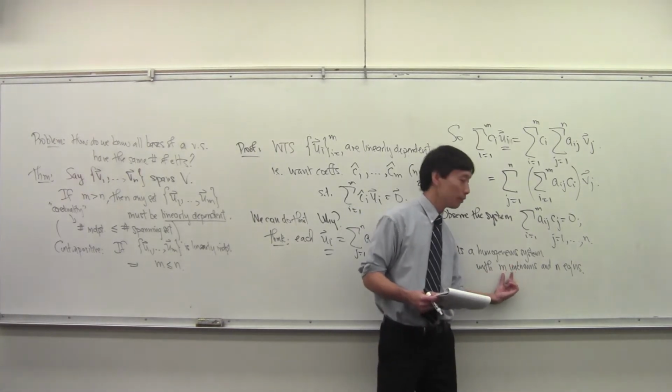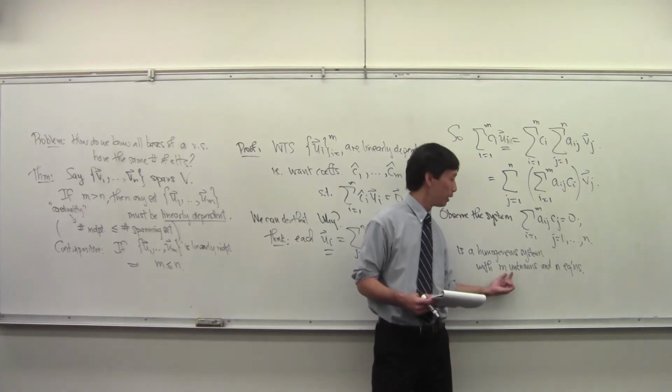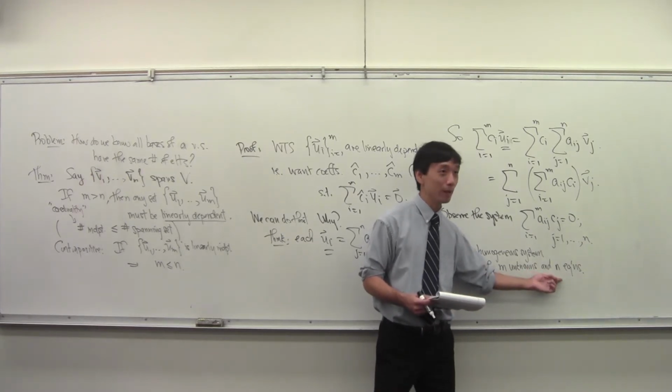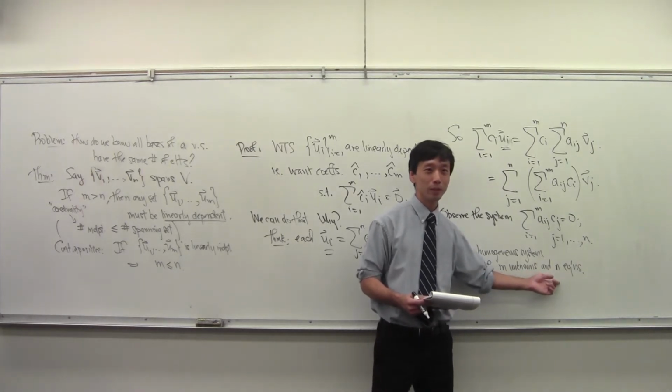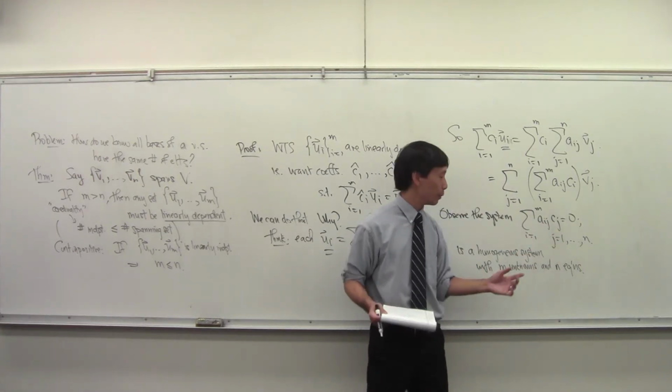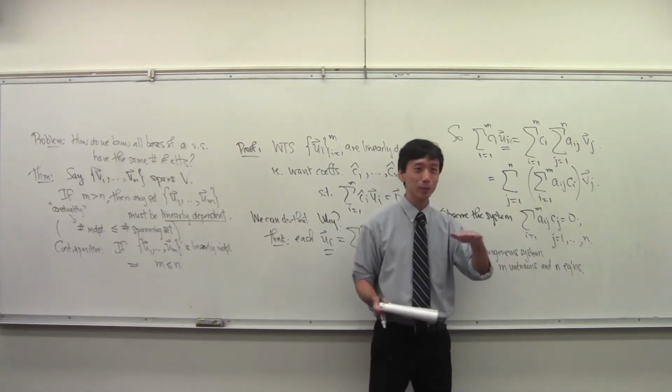So what am I going to say? What's the relation between m and n? m is bigger than n. So what? You've got a homogeneous system. Sorry, you've got more unknowns than equations.